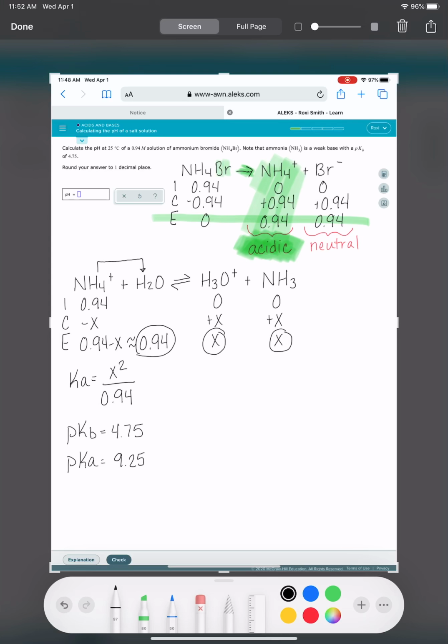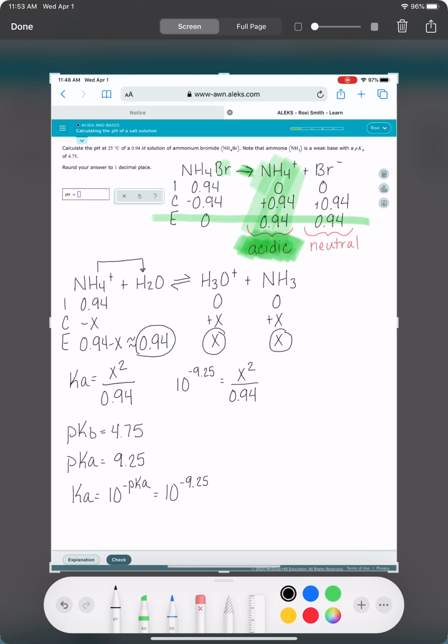And we can take the antilog of the pKa, 10 to the negative pKa, and that will give us the Ka, 10 to the negative 9.25. So we're going to go back up to our equilibrium expression. Ka, 10 to the negative 9.25, is equal to x squared over 0.94.